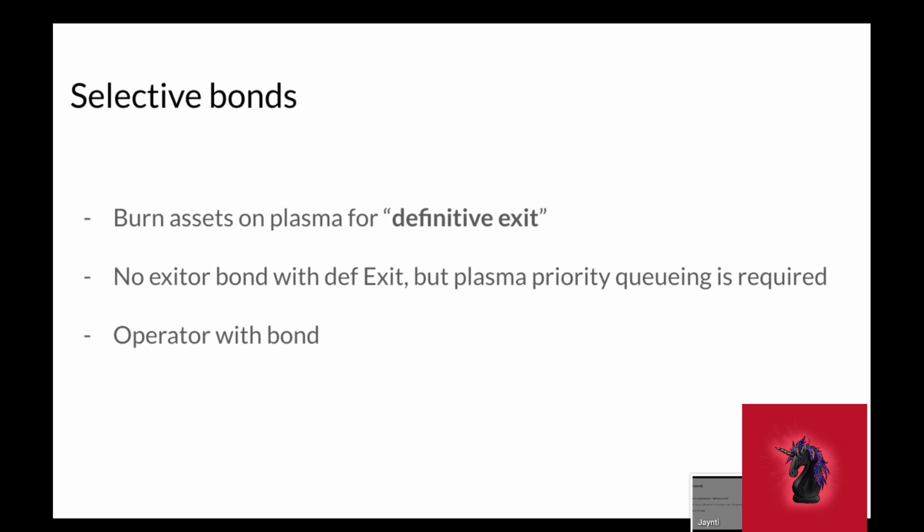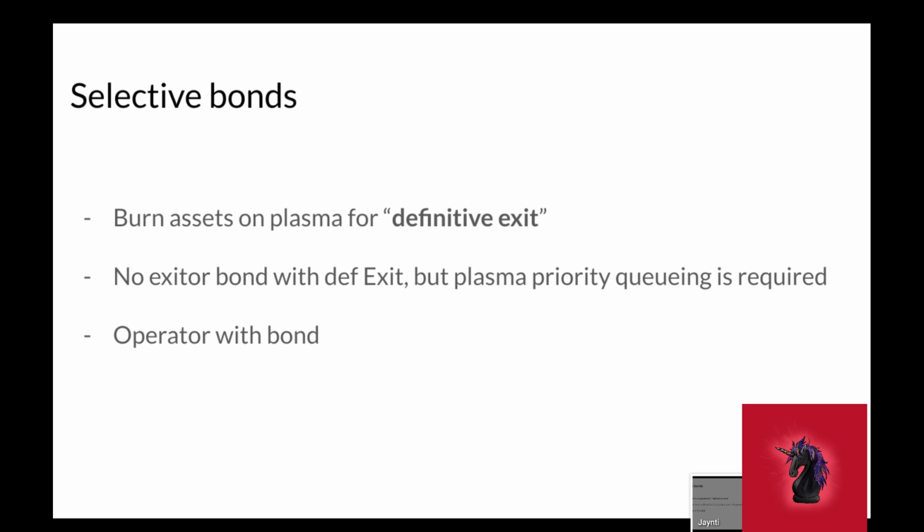A big bond is very important, because if you don't put a bond, it increases the risk of fake challenges on Plasma when you exit, right? The problem with bonds is that normal users don't want to put a bond when they exit. It's like putting a deposit in the bank when you withdraw from the bank. Similar situation, right?